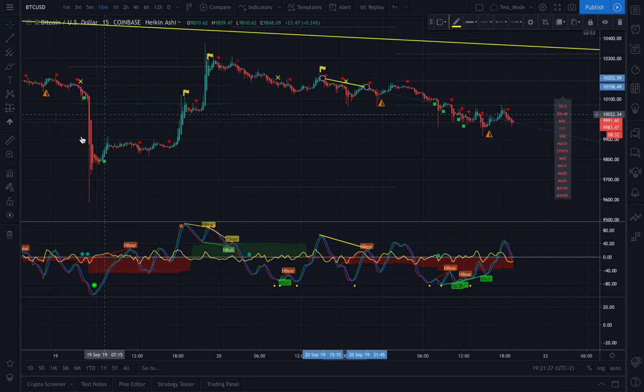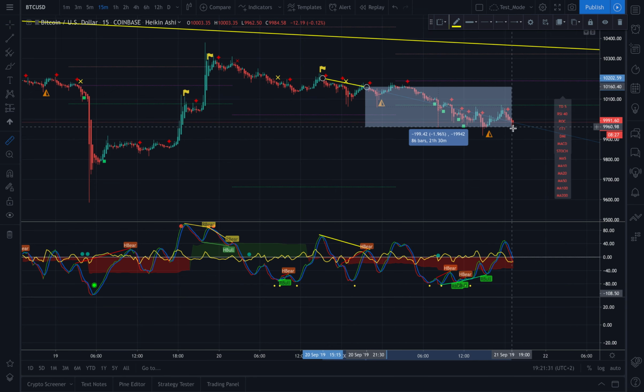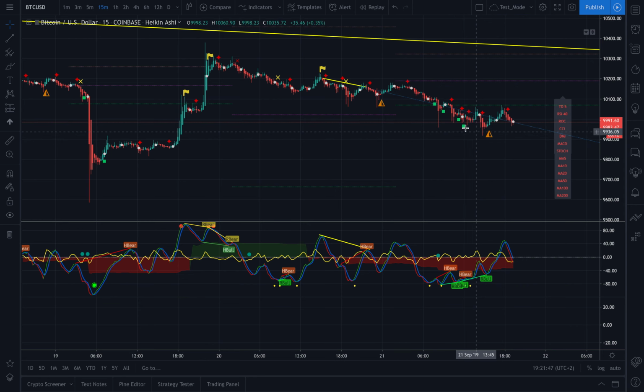Plays out very well. Plays out in numbers for now at a 190 dollar move, I would call it. Even if you get the peak, it's 220, $230.